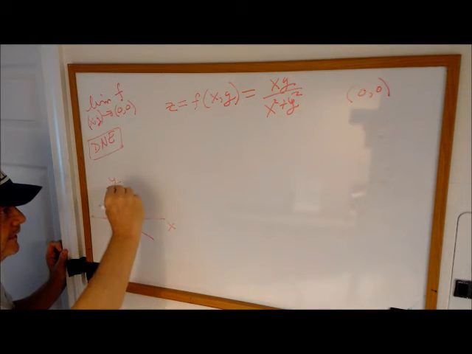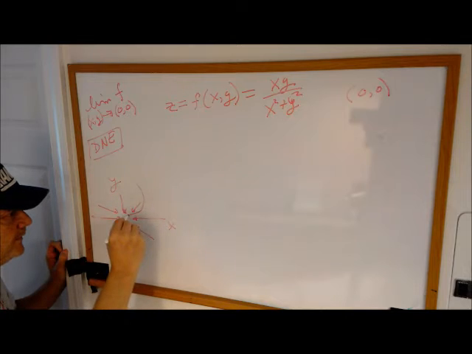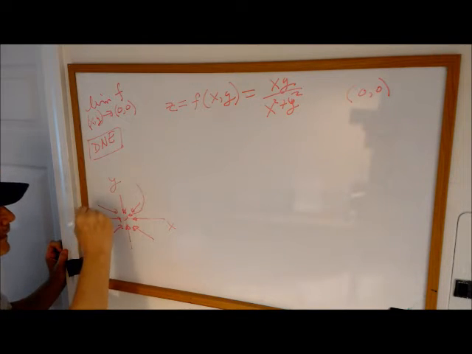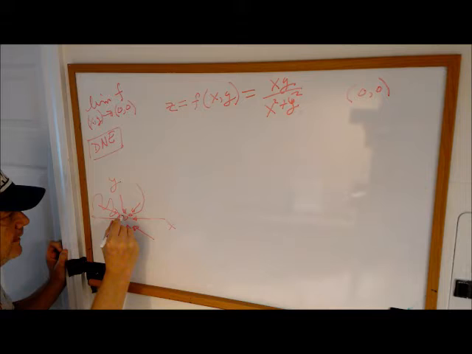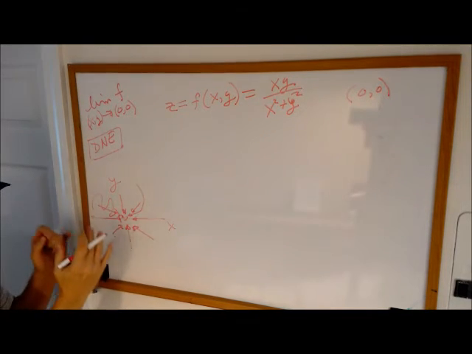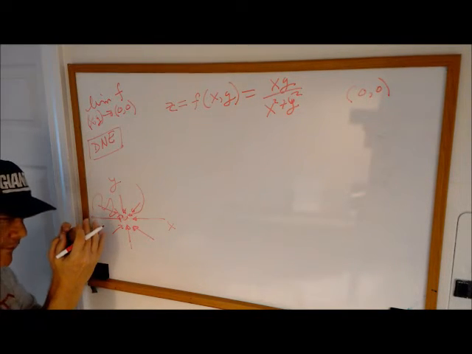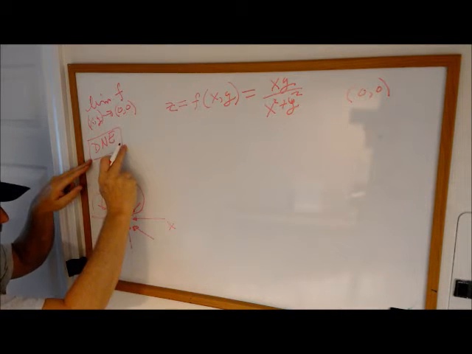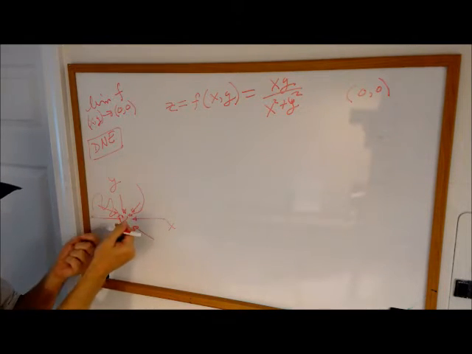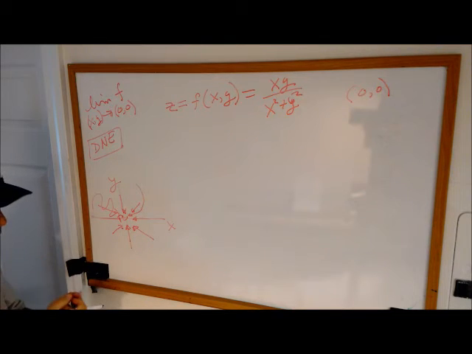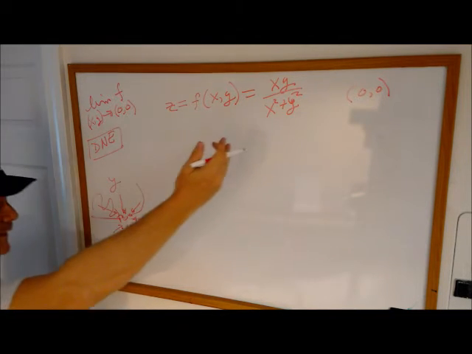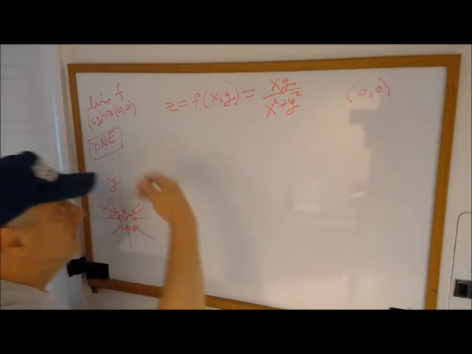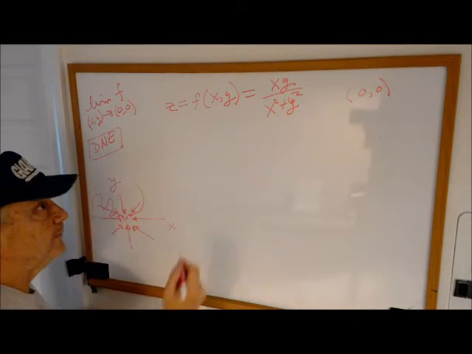In fact, here's another path, and here's another path. So to prove that the limit exists, you have to look at all of them, an infinite number. And to prove that it does not exist, all you have to do is find two paths where the limit is different. And that's the case here. So I'm already giving you the answer, but we're not going to have to prove it.